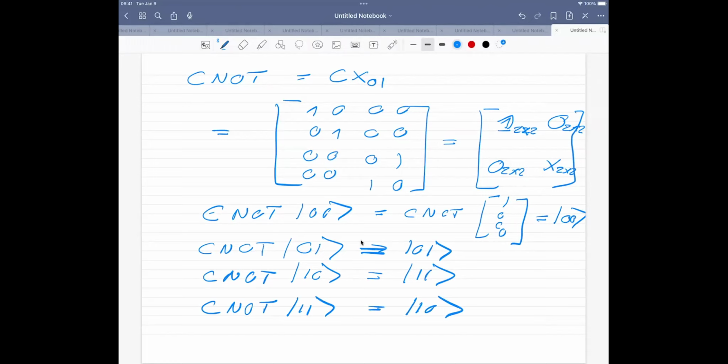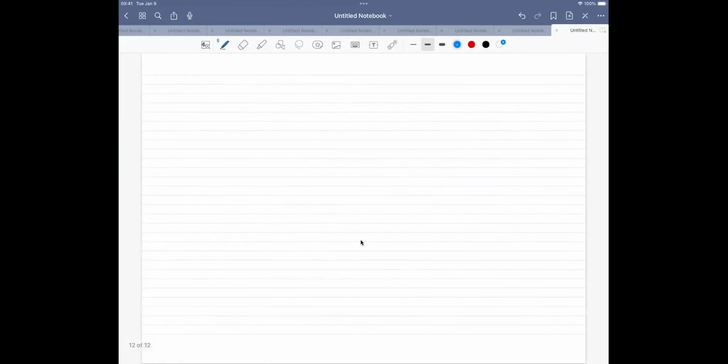If qubit 1 has a value 0, nothing happens. If it has a value 1, then it changes the value. So graphically, you would see this written in the following way. This C0, or just the CX, which is another way of labeling it.